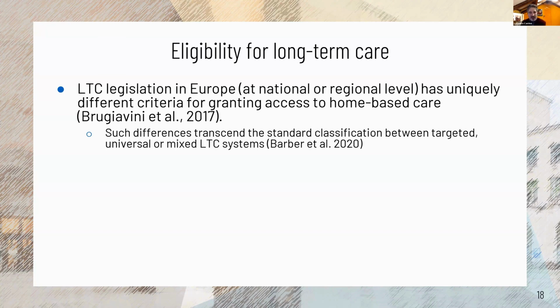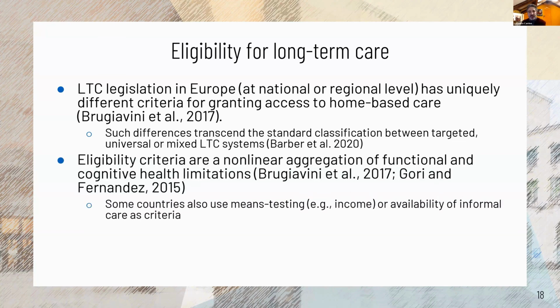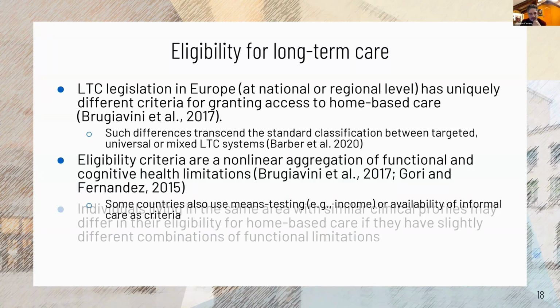It varies widely across Europe. In words, it's simple. Every legislation says if you have problems, you will receive some care. But when you study the legislation, you see that the criteria for establishing whether someone is entitled to receive cash or in-kind support from the public vary greatly. And they typically are non-linear aggregations of functional and cognitive health limitations.